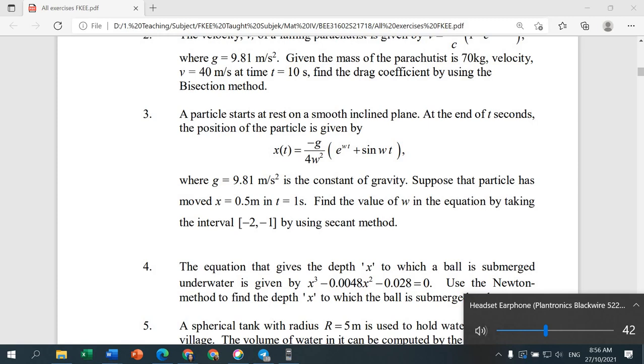But maybe you face difficulty to differentiate this one. You can stop presenting first. Your equation that you formed here is wrong because you left out the divide by 4.